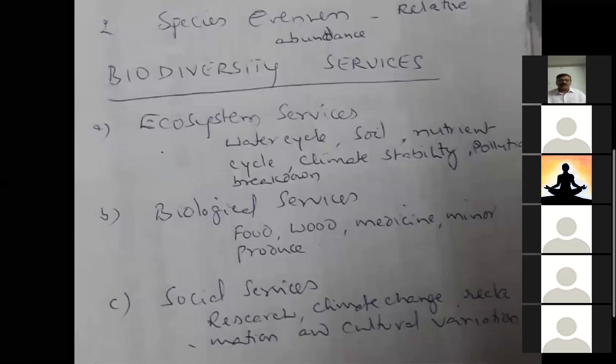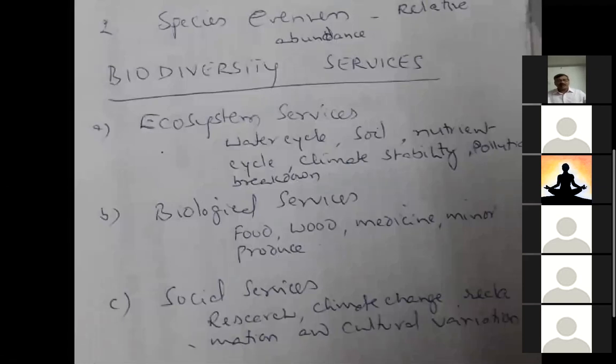I told you ecosystem services help maintain the water cycle. The rain is falling and it is to be absorbed by the soil. When soil is there, water percolates inside and groundwater increases.